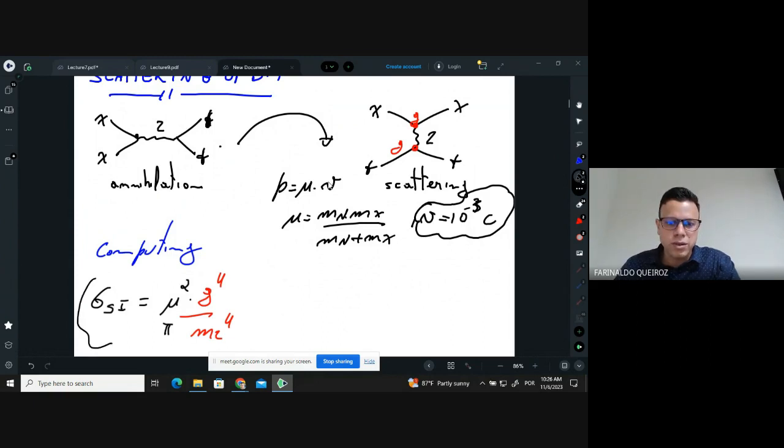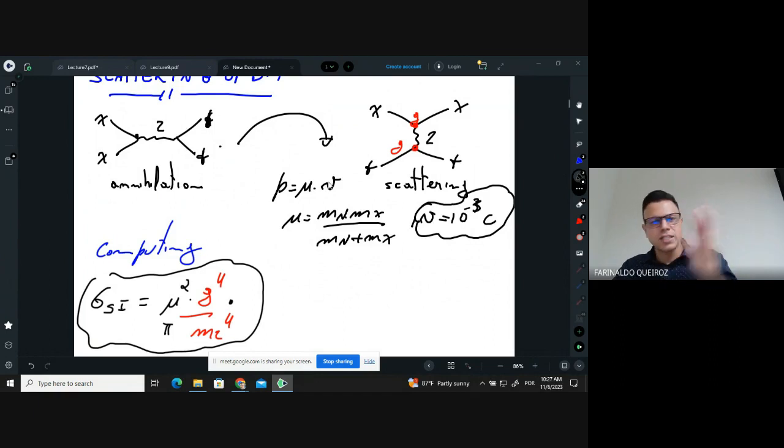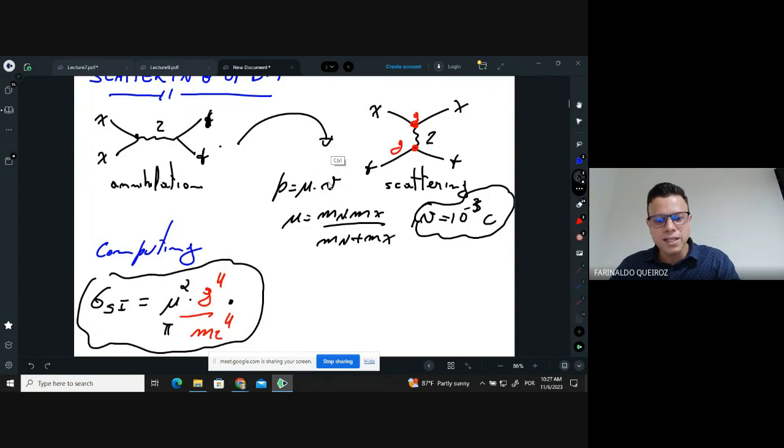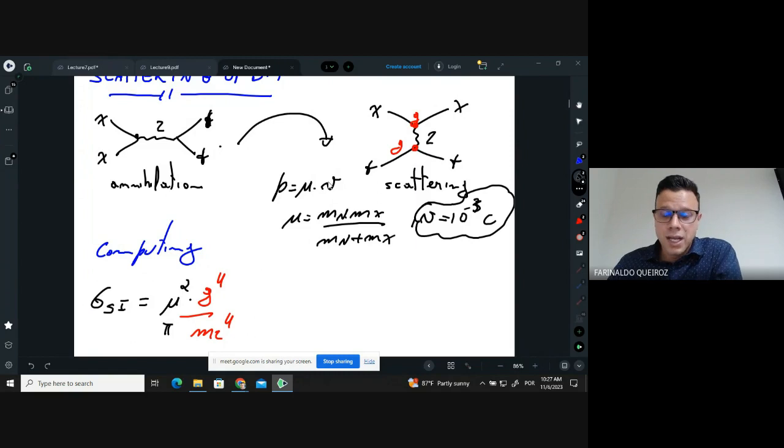That's the correct result. Truly, the correct result is this one, times some constant factor, which has to do with things that I didn't discuss, which is the charge of the dark matter particle under the gauge symmetry that makes the dark matter particle stable. But I didn't discuss this. That's why I don't want to bring this into the game now.